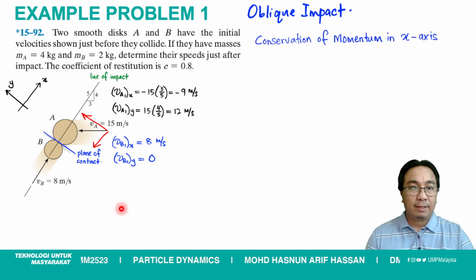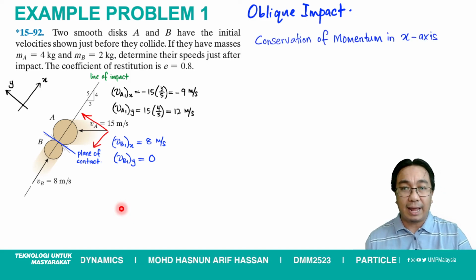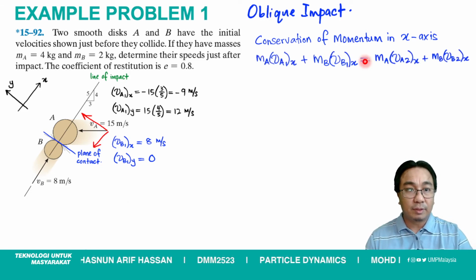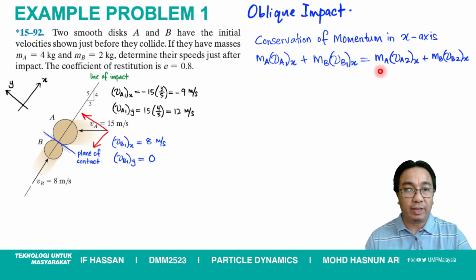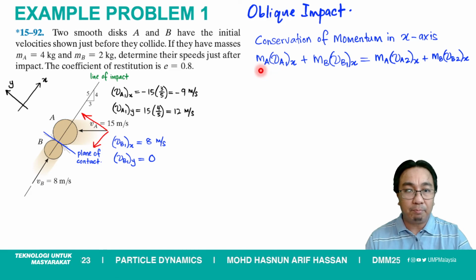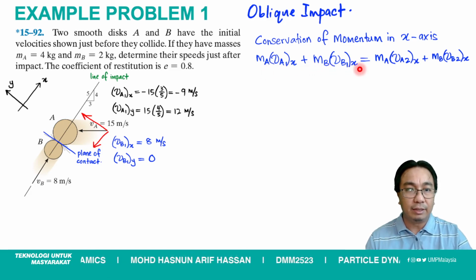The first step is to do the conservation of momentum in the x-axis. So we have mVx1 equals mVx2. We have here two particles, so we're going to write MA VA1x plus MB VB1x equals MA VA2x plus MB VB2x. We know all the masses MA and MB.